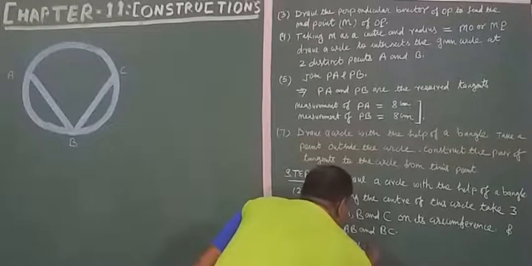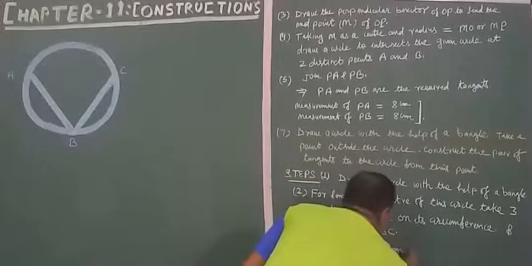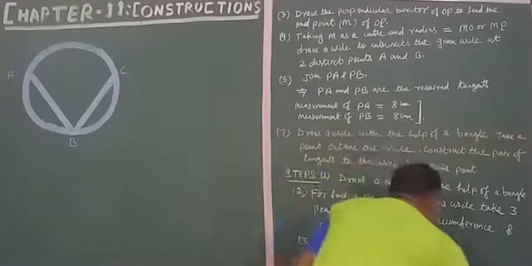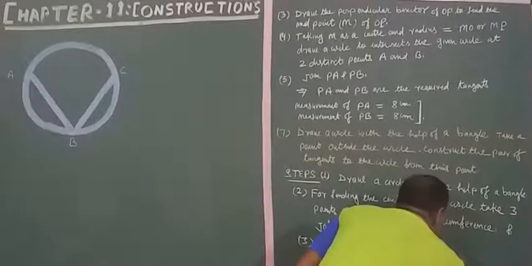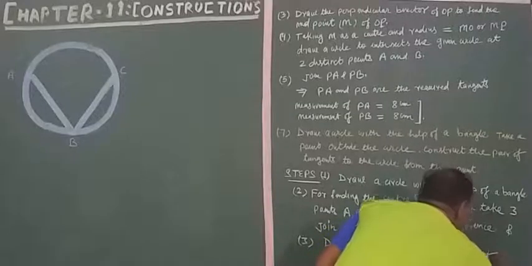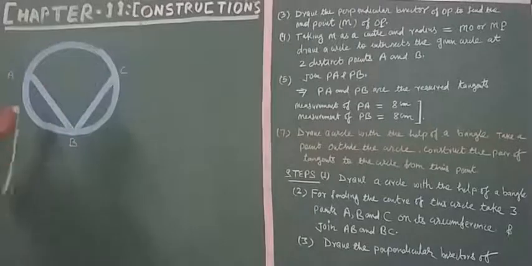Then step number 3. Draw the perpendicular bisectors of which one? This AB and BC.